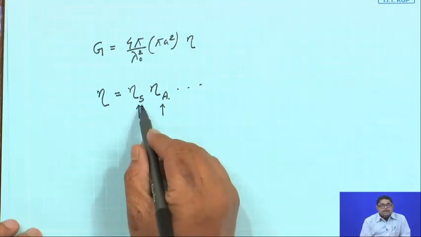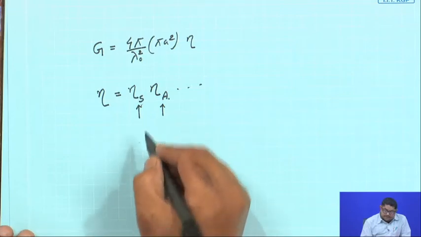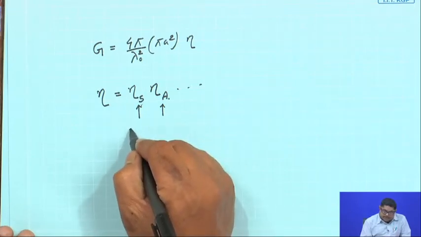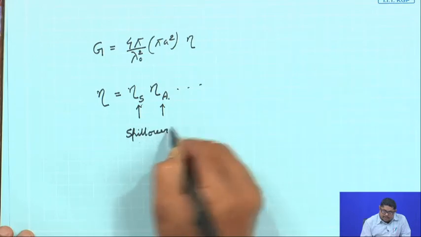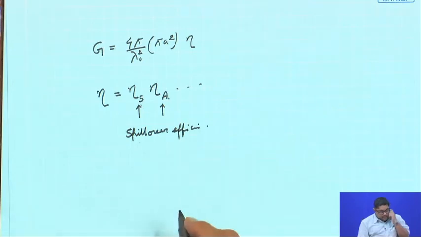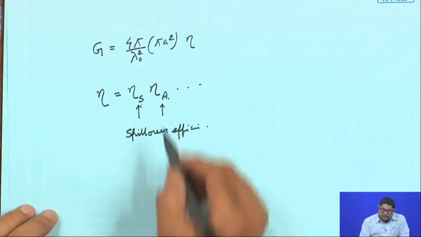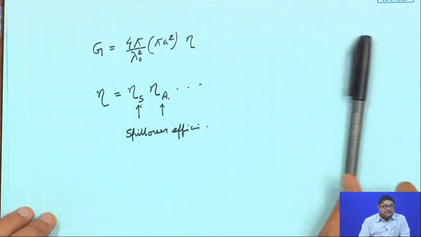Eta s is called the spillover efficiency. Eta a is the aperture efficiency.